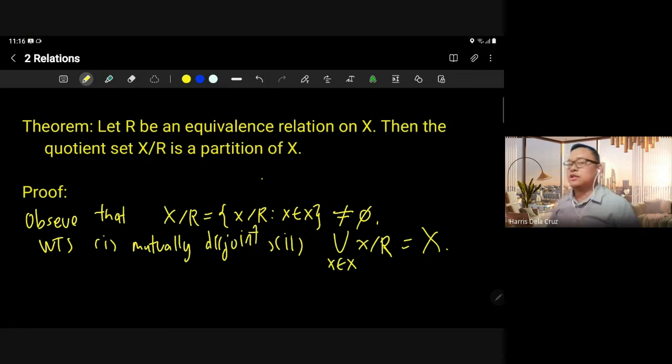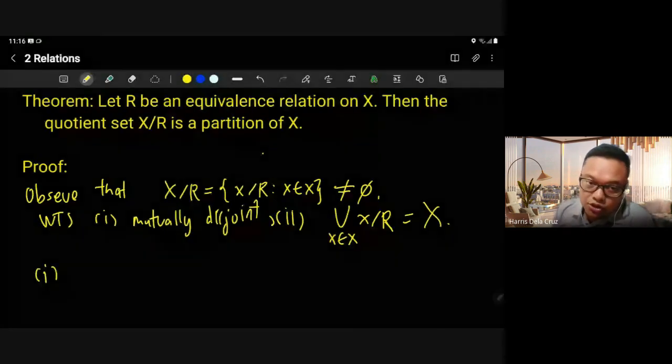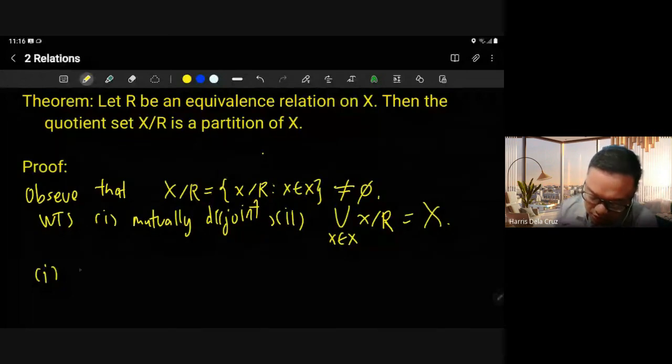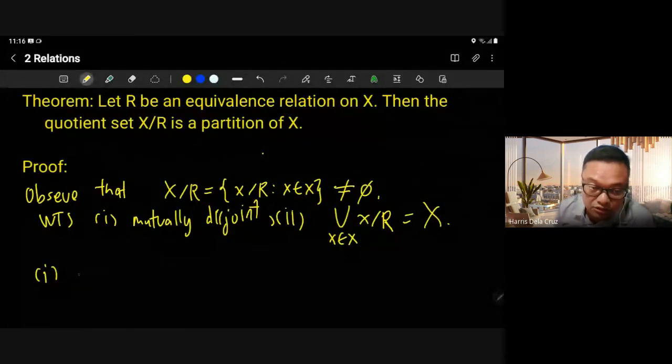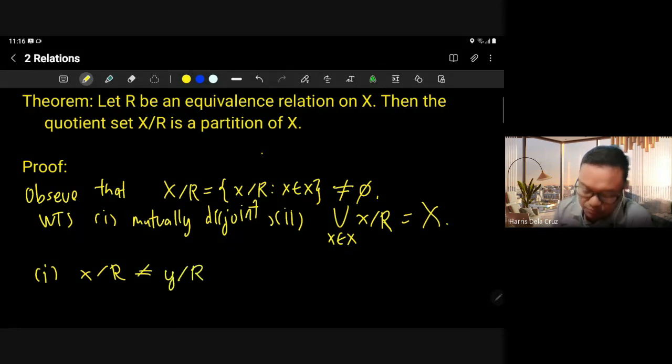So yan yung dalawang gusto natin pakita para masabi natin na yung x over r indeed is a partition of x. Okay. So isa-isahin natin. So that's what we want to show. So number 1. Gusto natin mutually disjoint. So let's say meron tayong two partition that are not equal, or two elements pala ng partition. So let's say we have the equivalence class x over R and the equivalence class y over R to be two distinct partitions. So yun yung ibig sabihin ng distinct partitions.